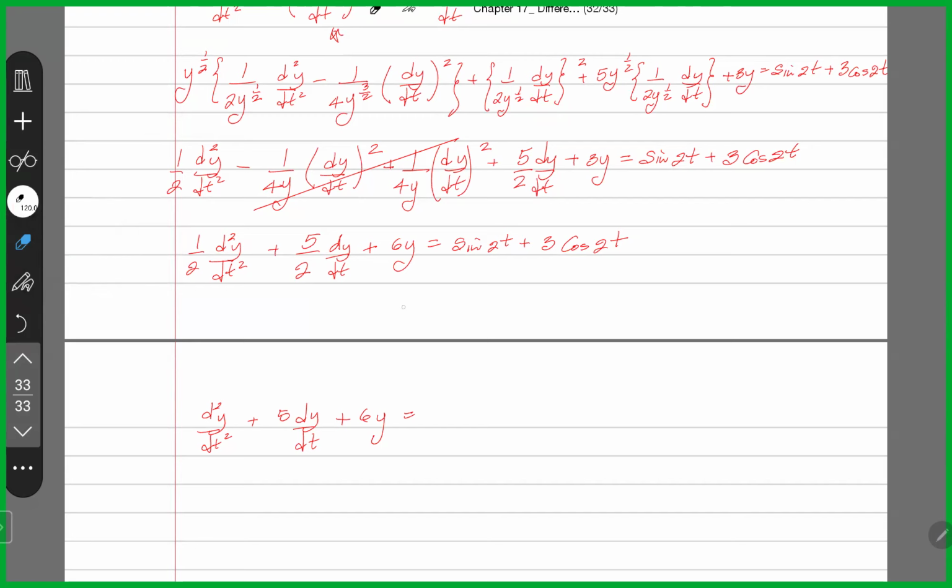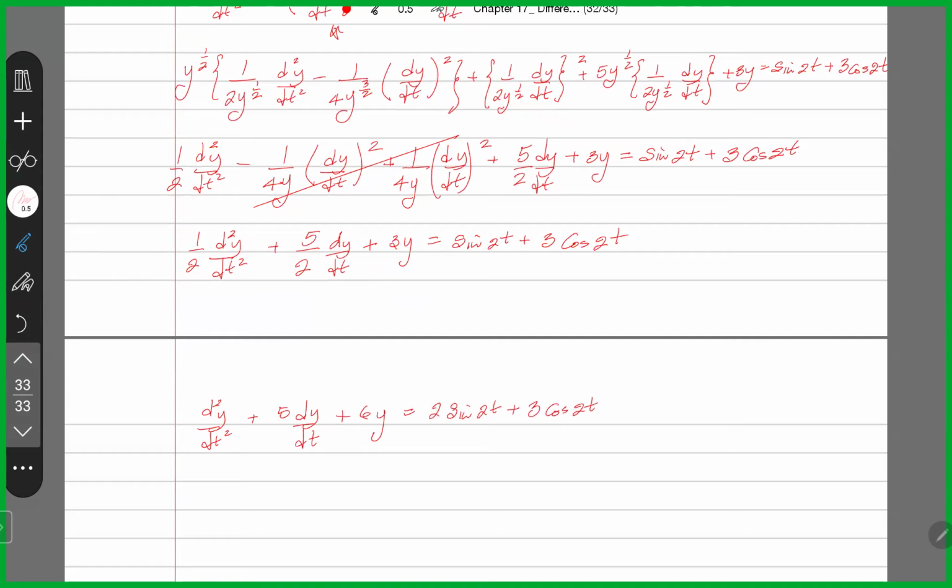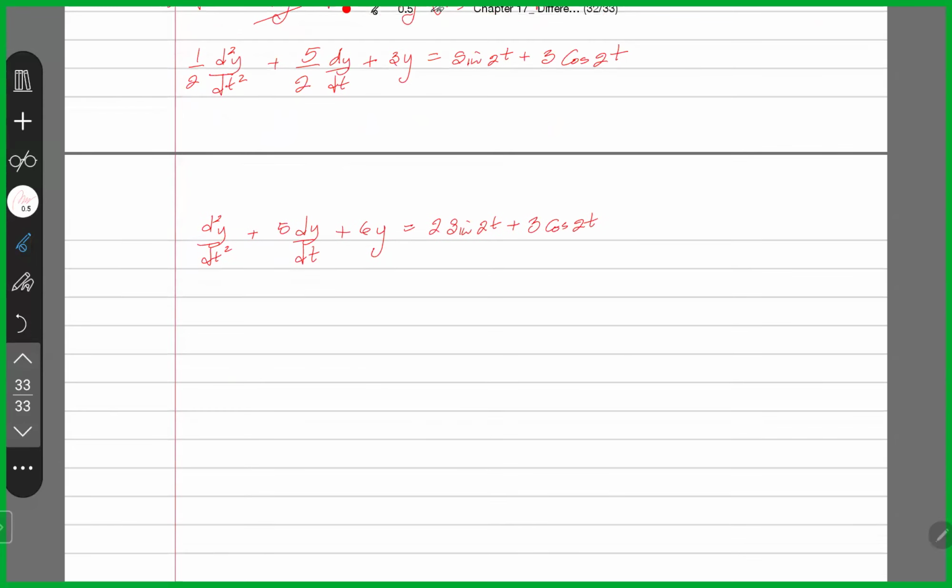Sometimes I jump the gun. It should have been 3y here. So now it becomes 6y plus 2 sine 2t plus 3 cos 2t. All right, so now we have a non-homogeneous second order differential equation, and we're asked to solve it.